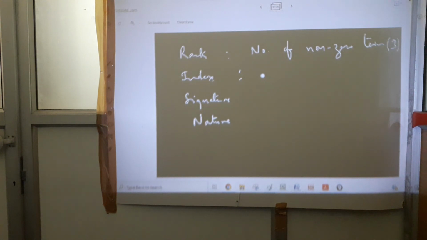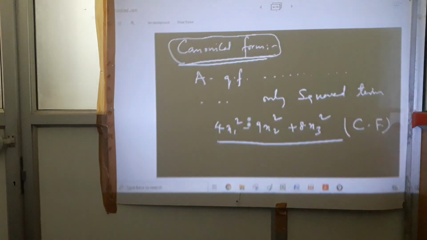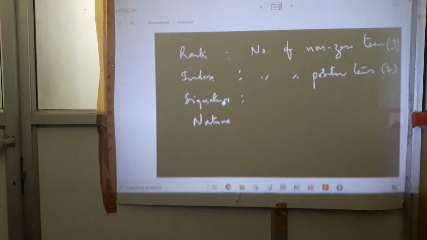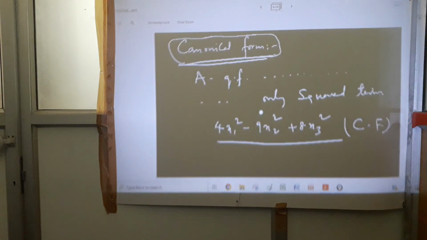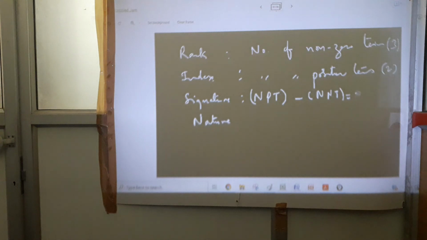Index is the number of positive terms. For this example, there are 2 positive terms, so 2 is going to become the index. Signature is the number of positive terms minus the number of negative terms. The number of positive terms is 2, the number of negative terms is 1, so 2 minus 1 is equal to 1.